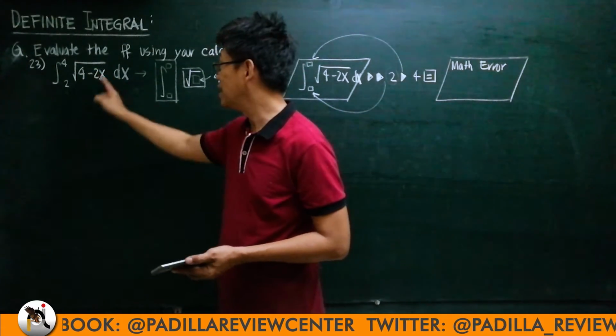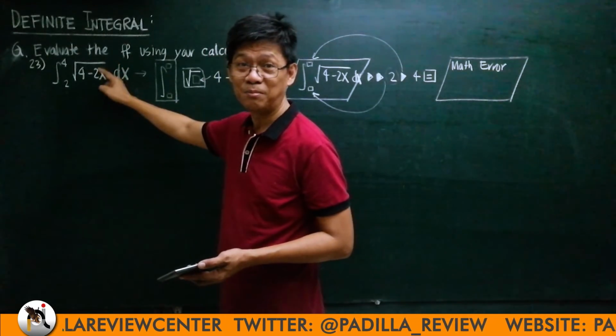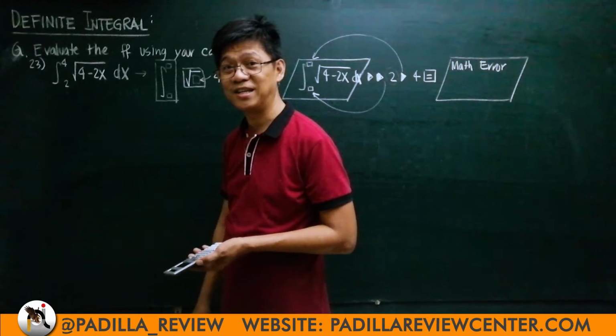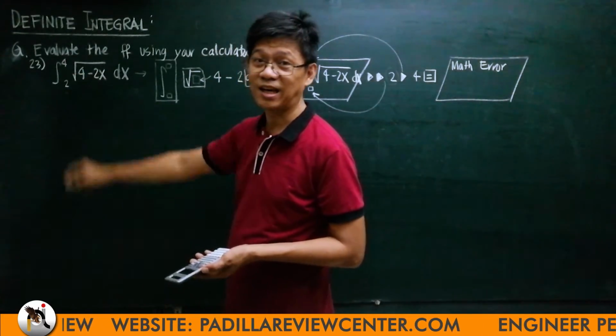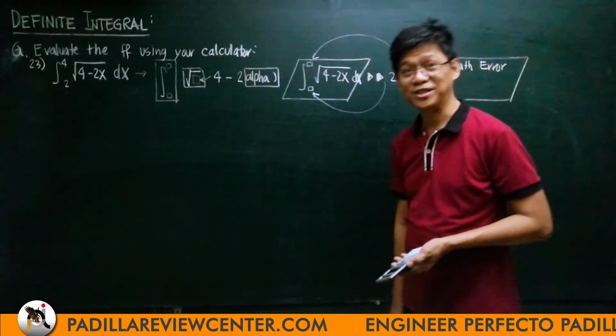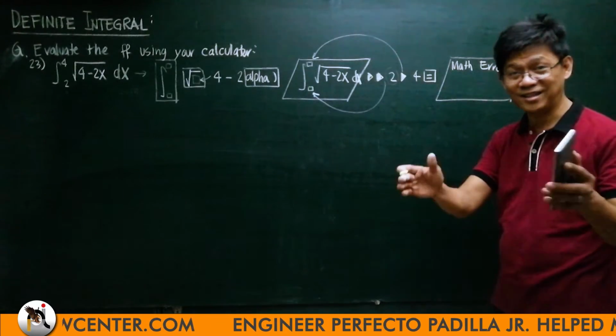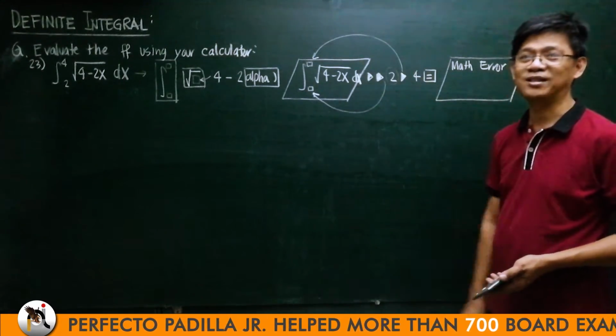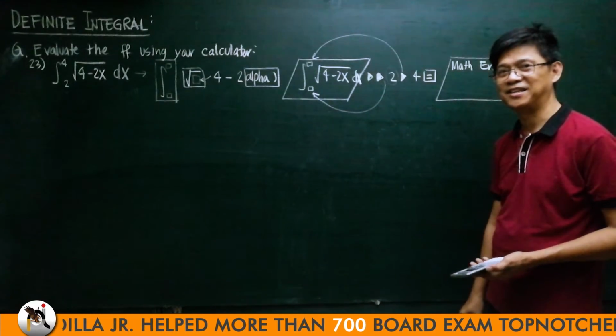And the square root of a negative number is an imaginary number. So the integral is imaginary. You follow? It is beyond the scope of our lecture to evaluate the integral of an imaginary number.